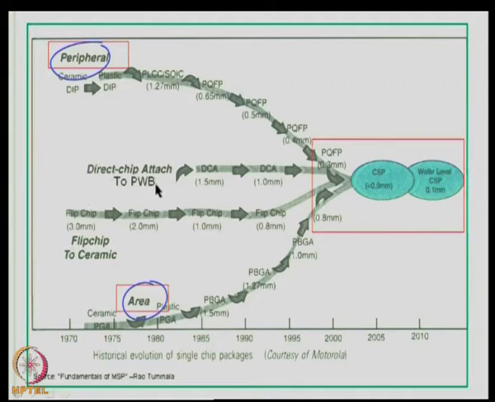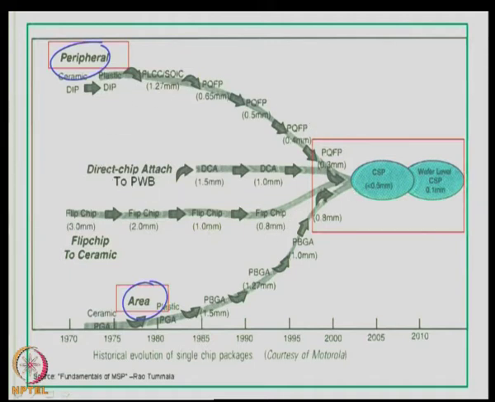Typically you can call it a flip chip or a chip on board technology, which I have briefly mentioned in the earlier class. So, DCA, direct chip attached with a pitch of 1.5 mm, 1 mm, and now what next? Flip chip to ceramic, 3 mm, 2 mm, 1 mm, 0.8 mm, and what next?